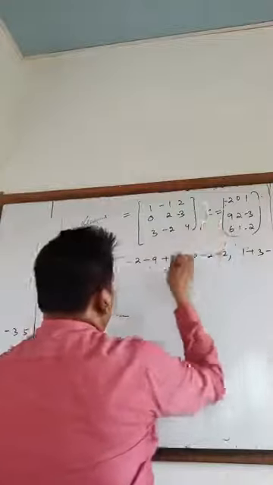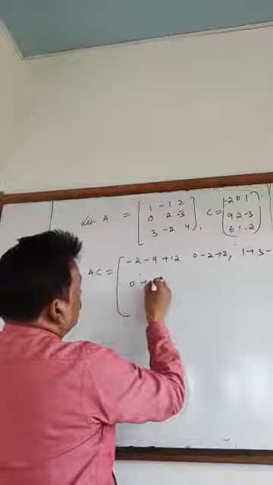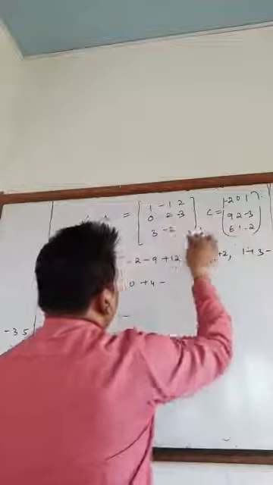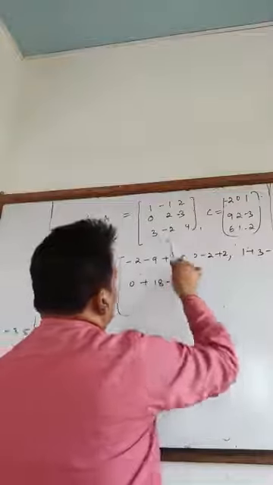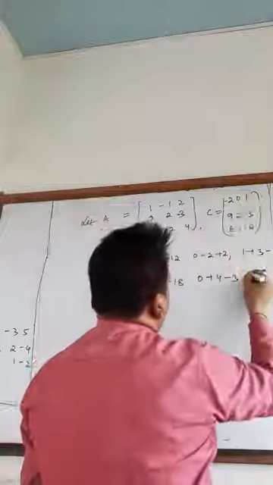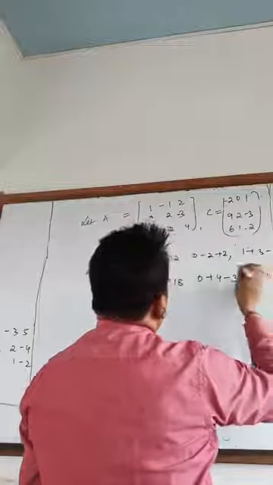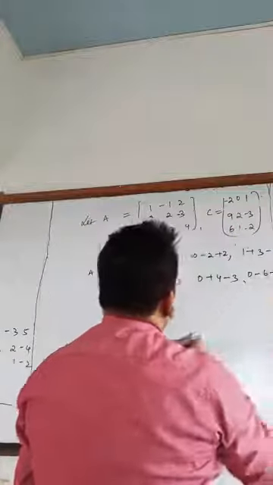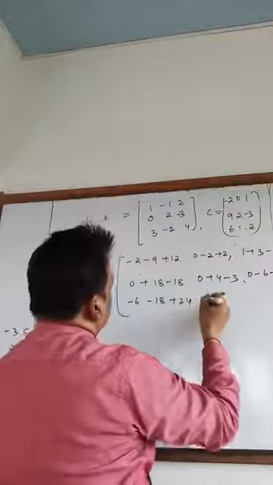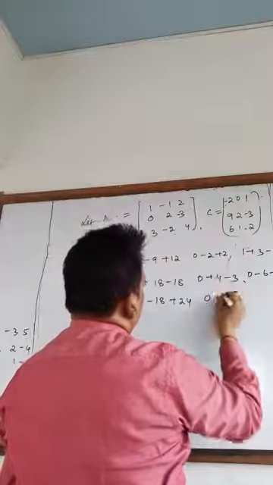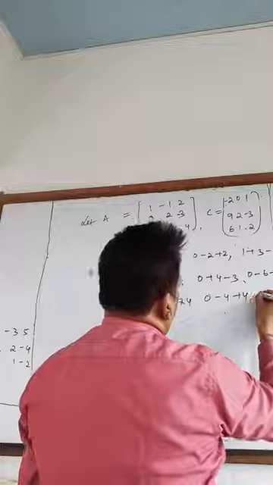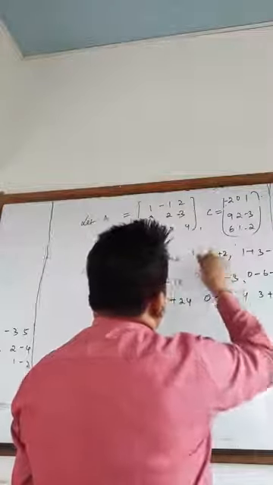Okay, if I go in this way, that is 0 plus 4 minus 4, 0 plus 18 minus 18, then 0 plus 4 minus 3, then 0 plus minus 6 plus 6, then you are getting minus 6 minus 18 plus 24, then 0 minus 4 plus 4, then you are getting 3 minus will be plus 6 minus 8.